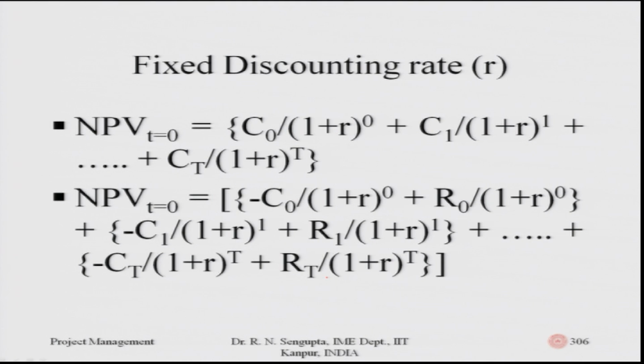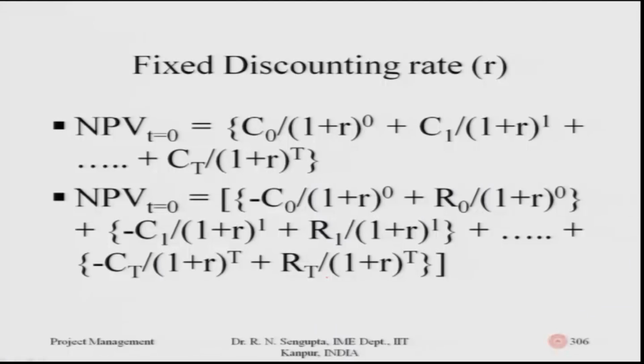For the first term it is 1 plus R to the power 0, correspondingly for the second term it is 1 plus R to the power 1, till the last term, which is 1 plus R to the power t. These are the discounting factors which come into the picture in order to find out the present value of the amount of money, which is C1 after time period 1, C2 after time period 2, and the last value being C suffix t after time period capital T.